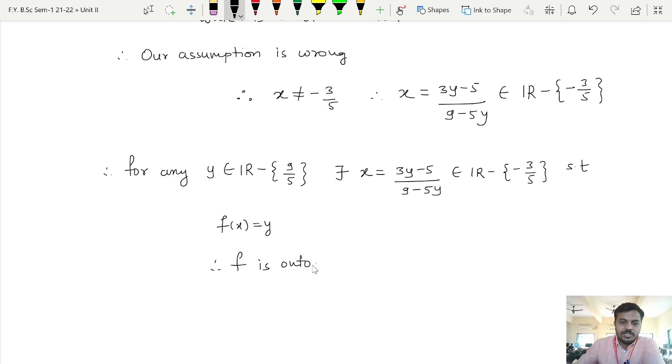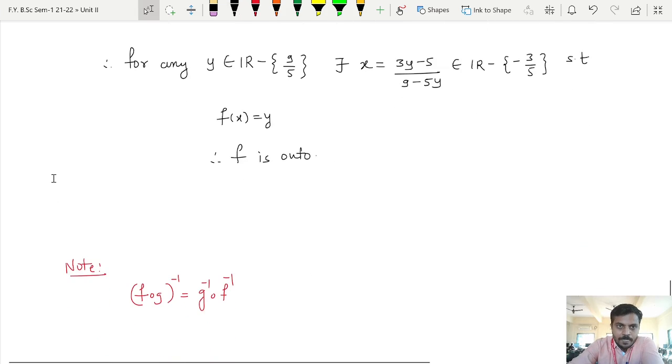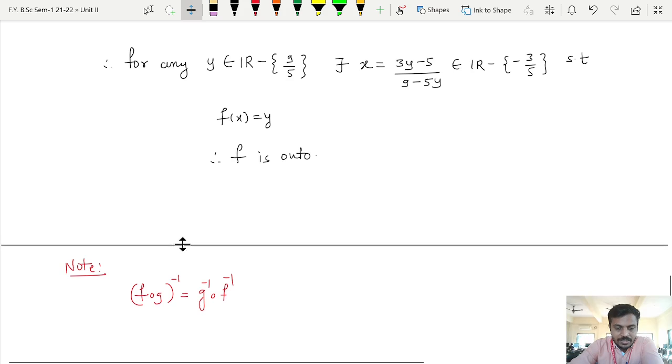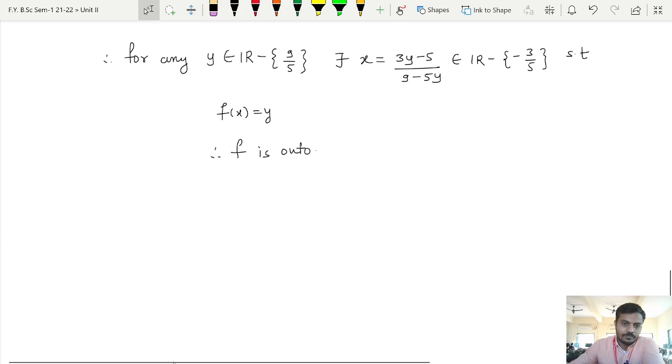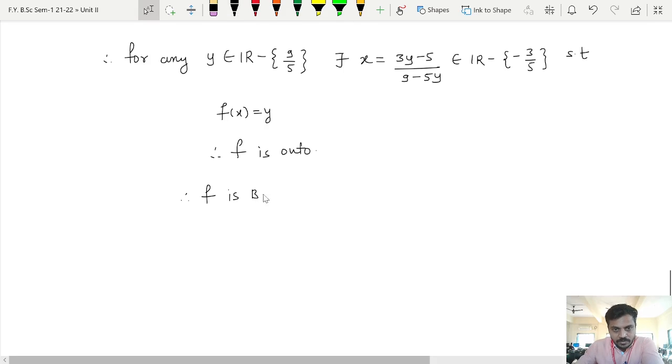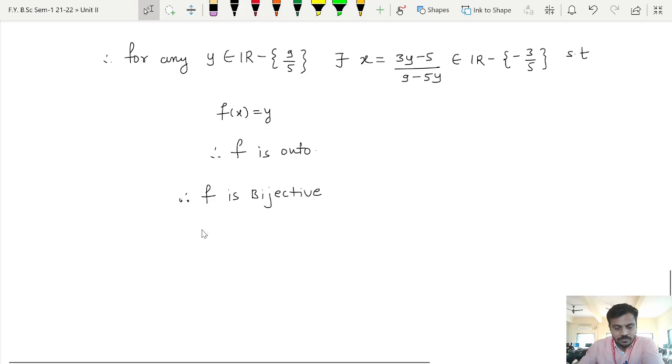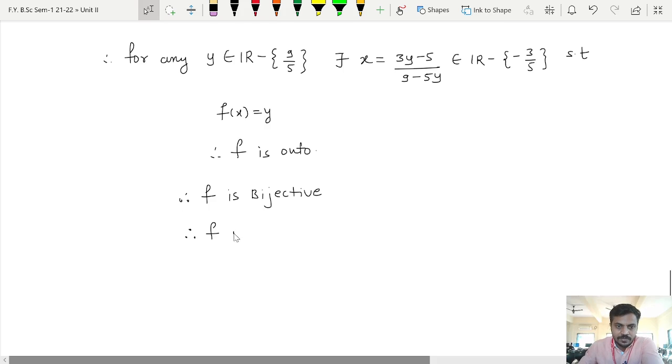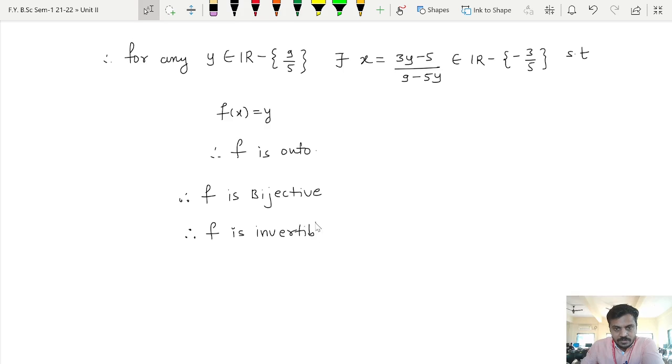Remember that we have already shown f is one-one, thus we can conclude that f is bijective. Since f is bijective, we can say that f is invertible. Now, since f is invertible, definitely we will be able to find its inverse.